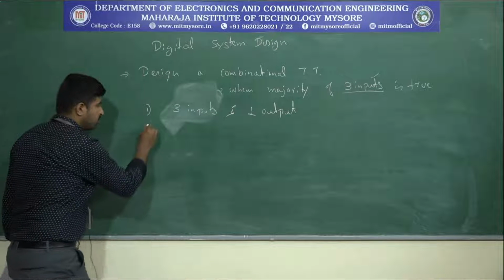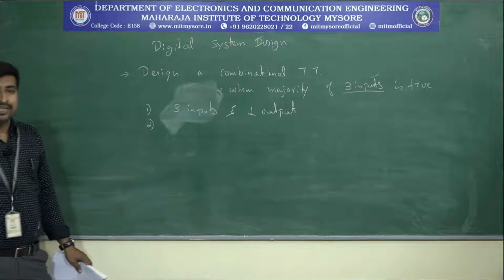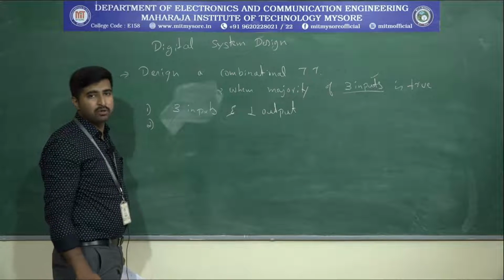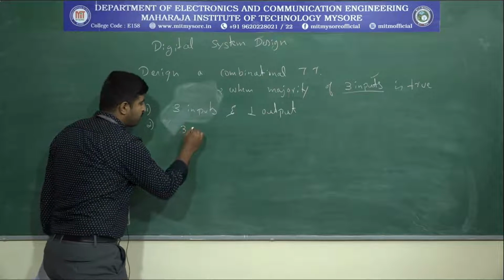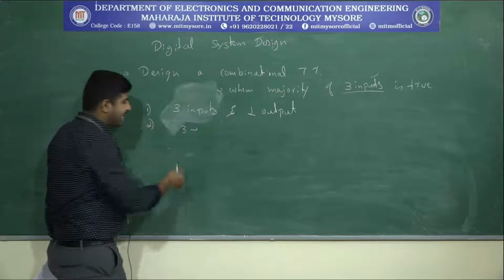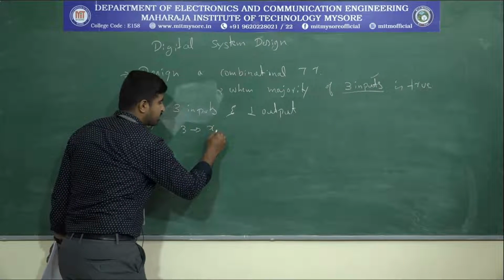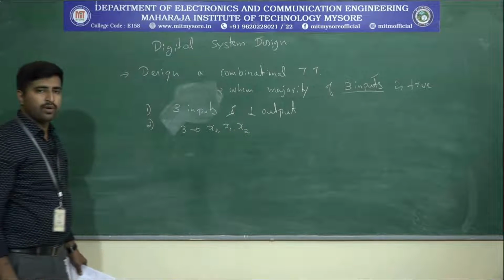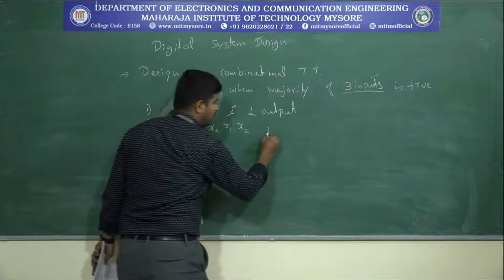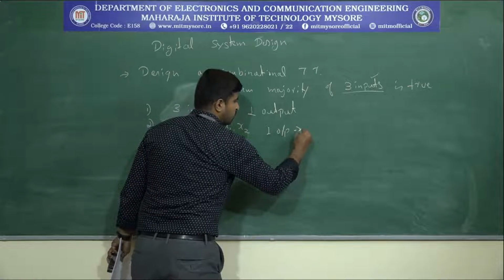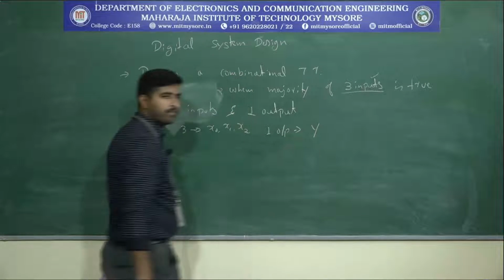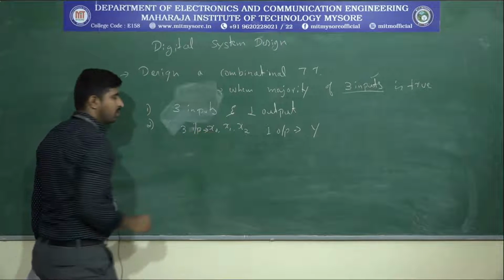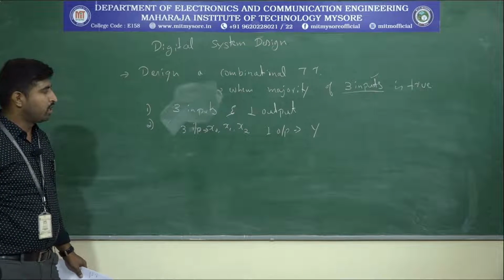Second step: we need to assign the labels for the inputs and the output. Since we have 3 inputs, I will indicate them as x0, x1 and x2. For the output, 1 output, I will indicate it with y. So 3 inputs, x0, x1, x2, and 1 output, y.